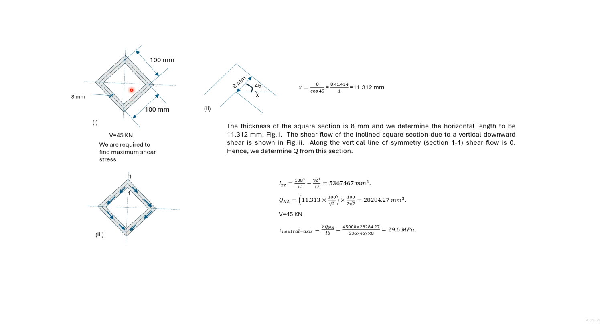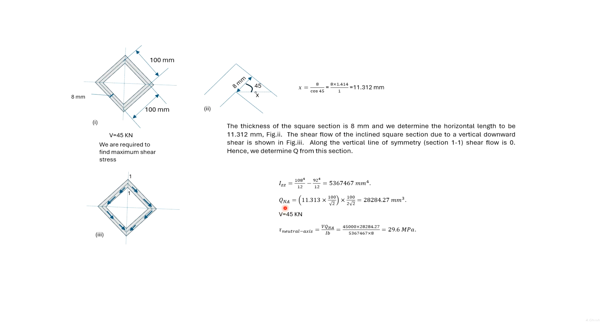So to find the shear stress at the neutral axis, we have to consider the statical moment of area of this portion. The vertical distance to the neutral axis is 100 divided by root 2, and the distance of the centroid of this portion is half of that.